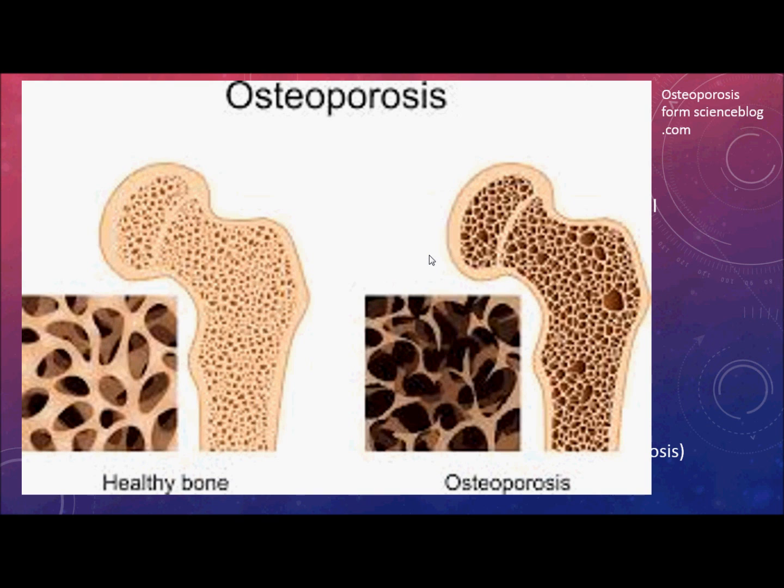So when one activity overcomes the other, it either makes the bone healthy, as the one on our left, or makes osteoporosis. So increased osteoclast activity causes osteoporosis, and this is more common in women who have passed their menopause. Their ovaries cannot secrete estrogens, which are important for the osteoblast.